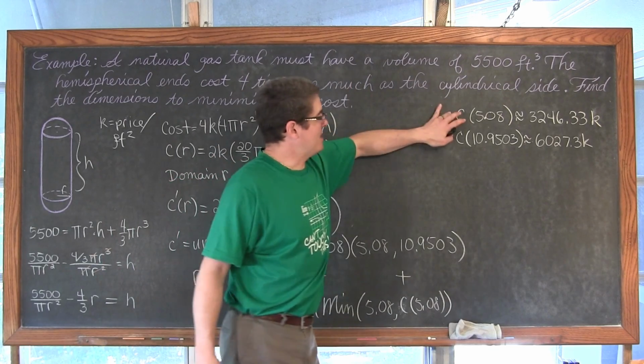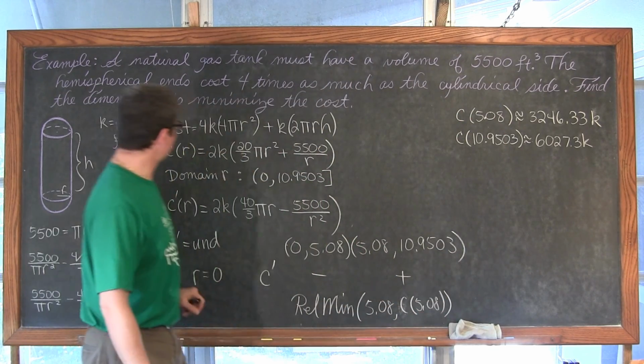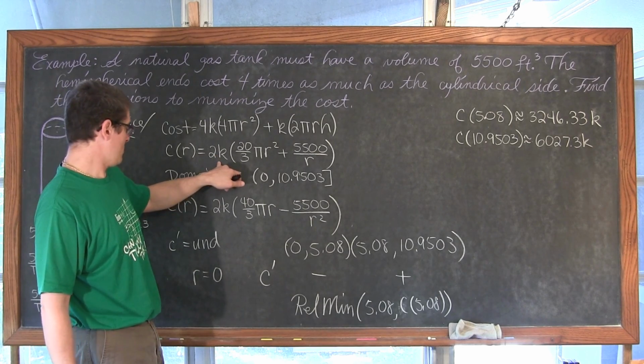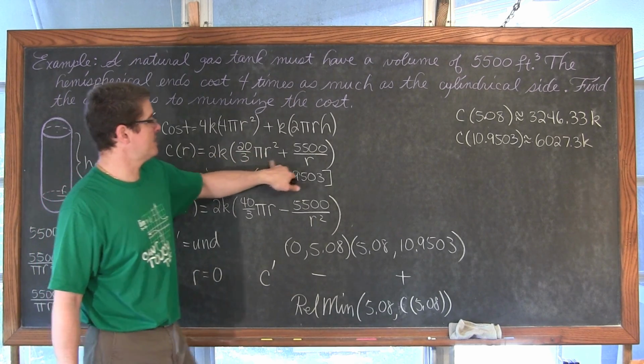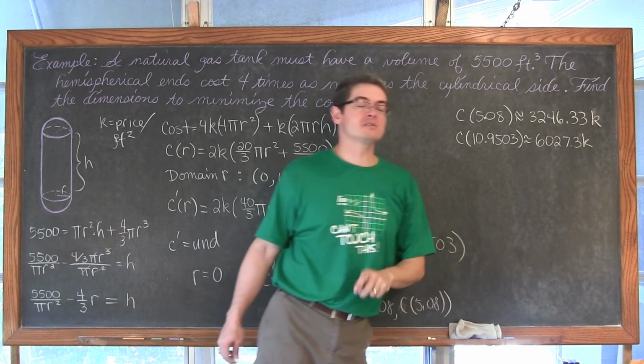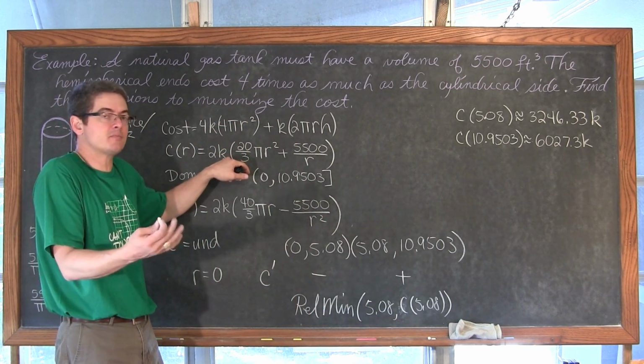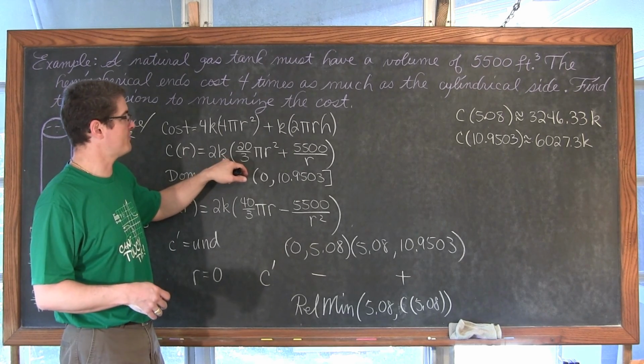The cost: if you take that 5.08 and plug it back into the cost function in terms of r, you are going to find that it comes out to be 3,246.33 times k, whatever this product is that's costing per square foot.